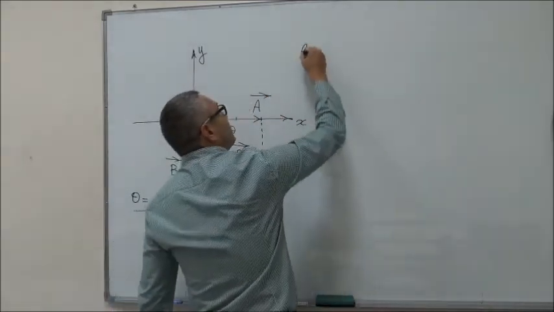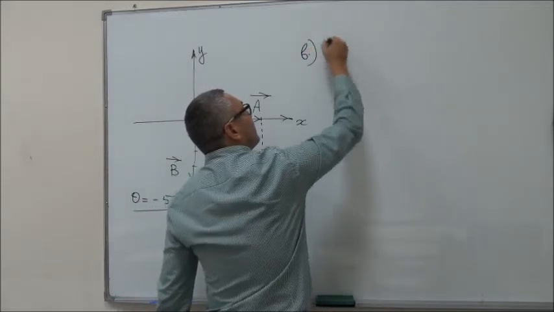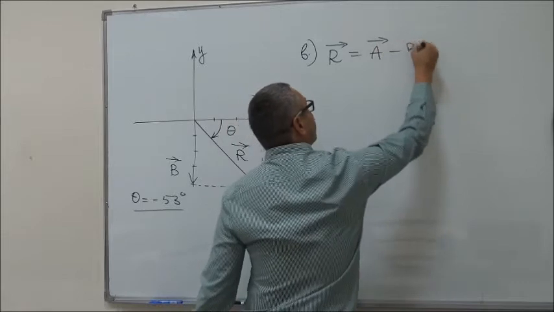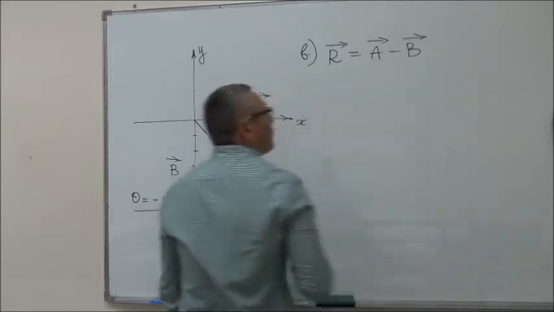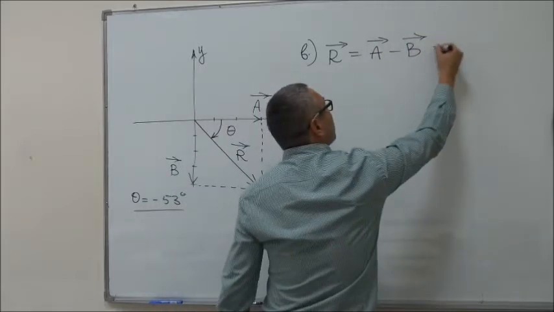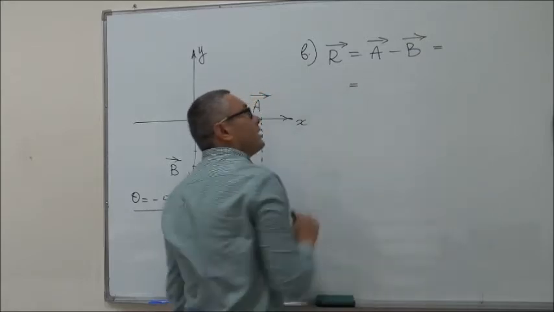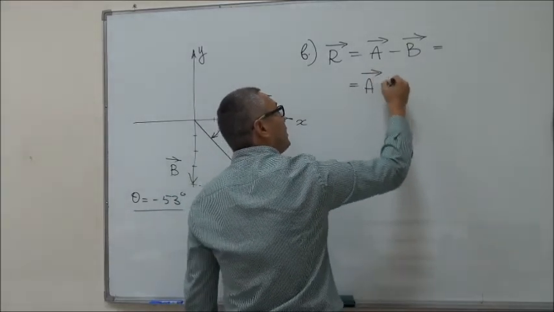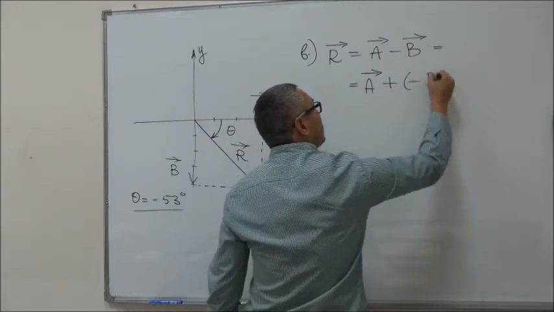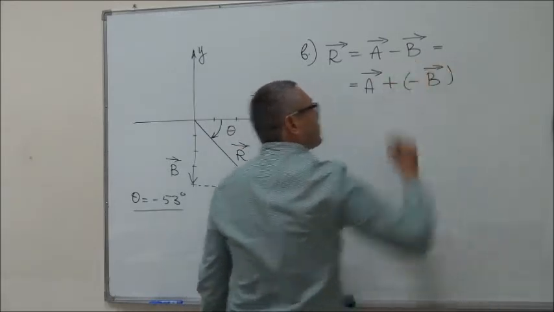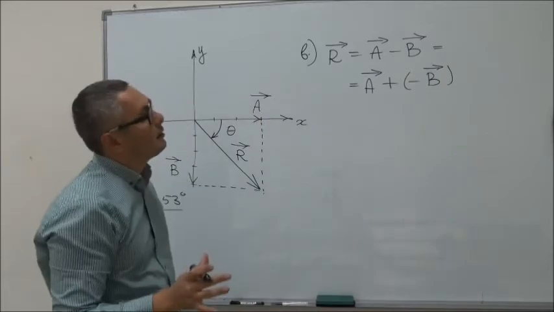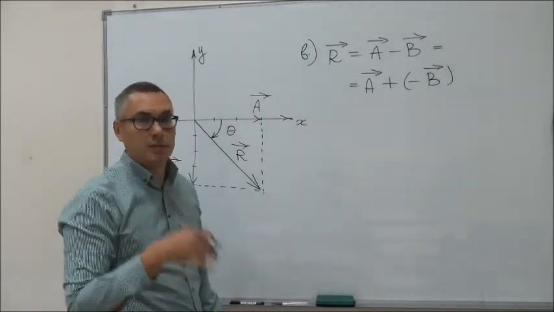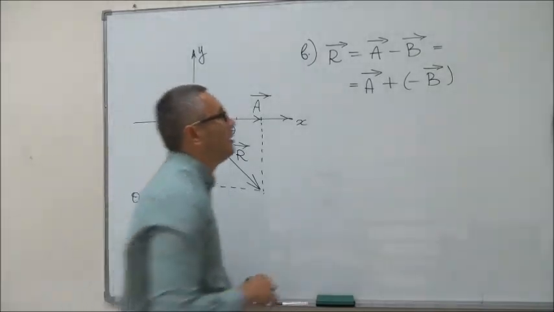So part B, the resultant vector is A minus B. Now the way we can find this is, instead of writing it as A minus B, let's say that this is equal to A plus minus B. So in other words, we are adding a negative B vector to A. So again, it's an addition.